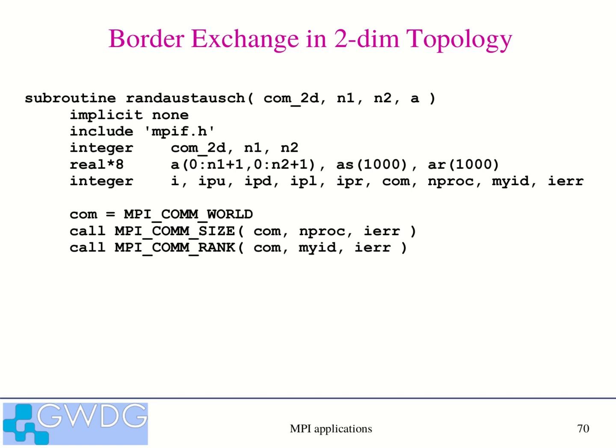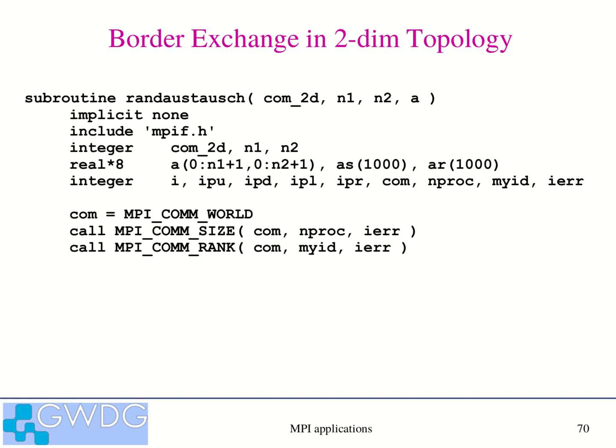Now the second point is we have to handle the boundary exchange within the two-dimensional topology. I have a subroutine which takes as input the local piece of the domain belonging to the process which is calling this Randaustausch.